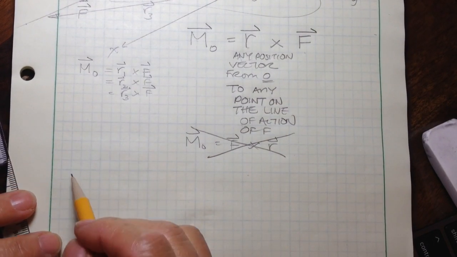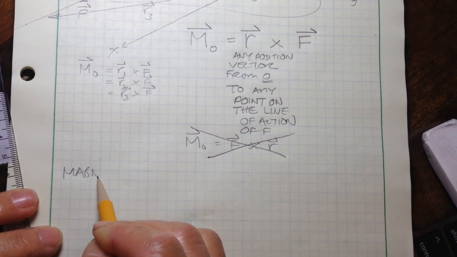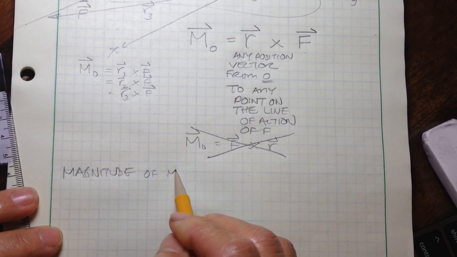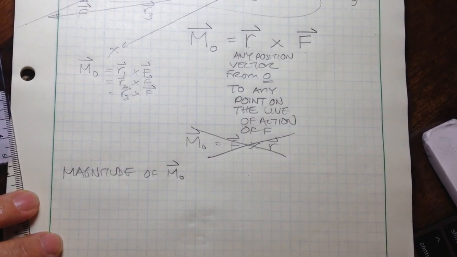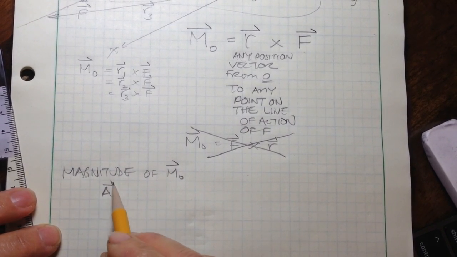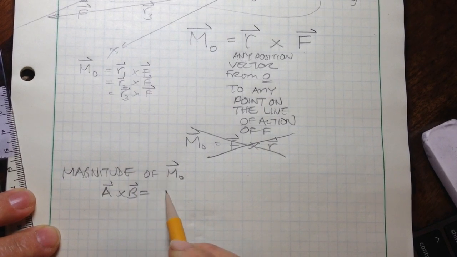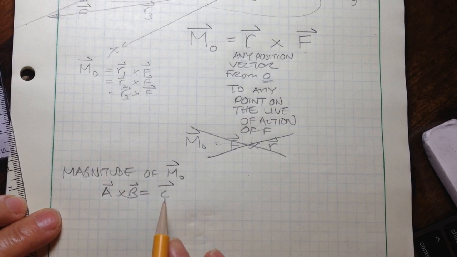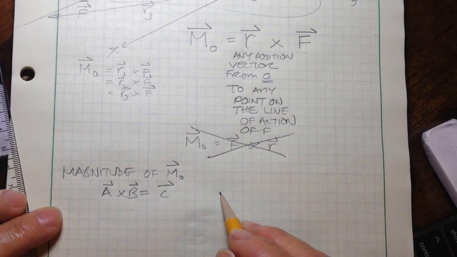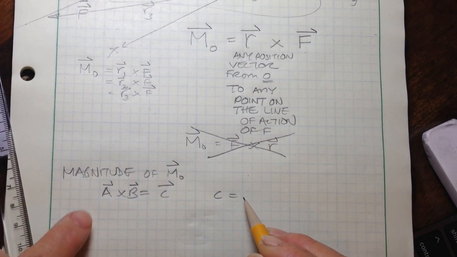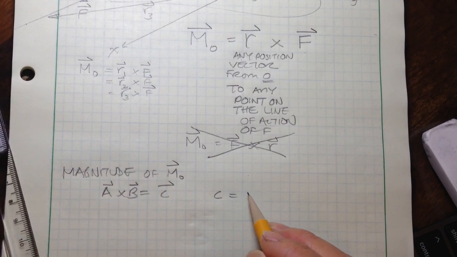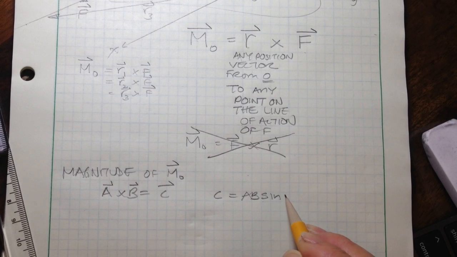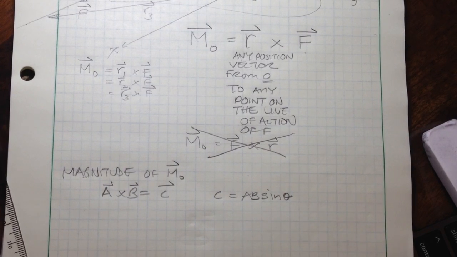Let's move on to the magnitude of the moment. So recall A cross B was equal to a vector C, and we said that vector C has a magnitude of the product of the magnitude of these two vectors times the sine of the angle between them.